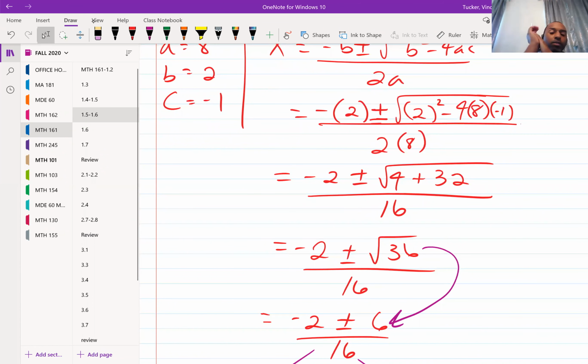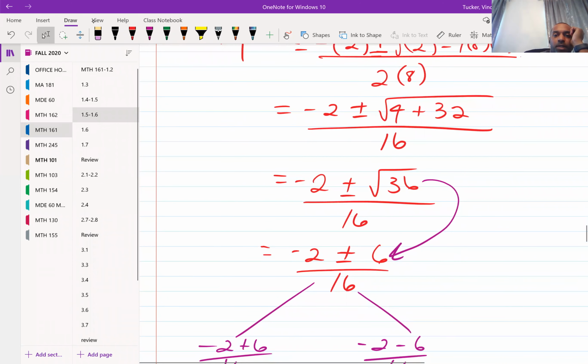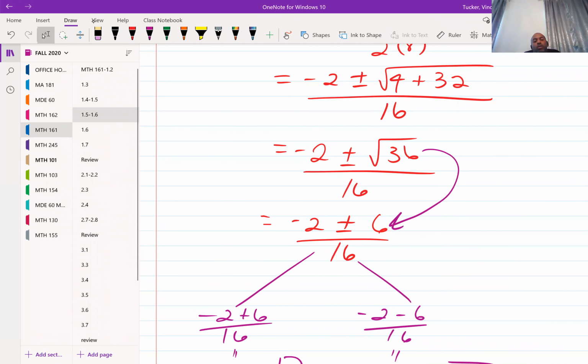So now we have negative 2 plus or minus 6 over 16. And just like before, if you can add and subtract these numbers, then you are expected to go ahead and do so. I'm not scrolling up too fast. Anybody still copying that? Okay. So that'll be negative 2 plus 6 over 16, negative 2 minus 6 over 16.